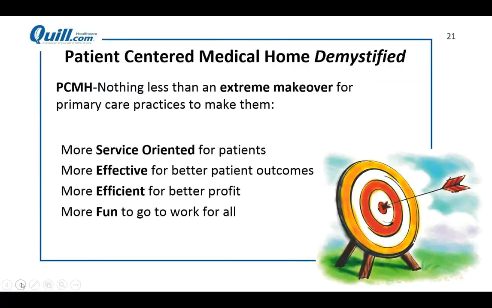I like to simplify things when we talk about patient-centered medical home, and it really is a redesign or a makeover of how we do primary care medicine so that it's more service-oriented for patients, more effective for better outcomes, more efficient for a better profit for the practice, as well as lower costs for the system. And finally, more fun to go to work.